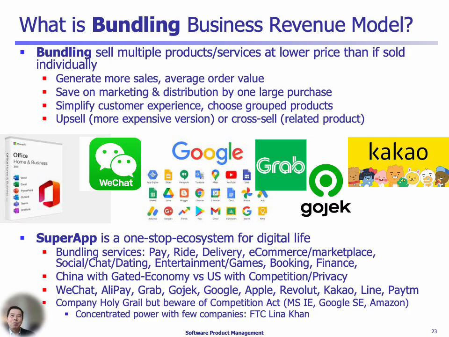This came a lot from China because they started off as social media, and in the social media they start giving you e-commerce where you can buy things, like TikTok. Then they have payment in there, and then you can also call for a ride, delivery, chatting, and even dating, and also booking things and playing games in there.